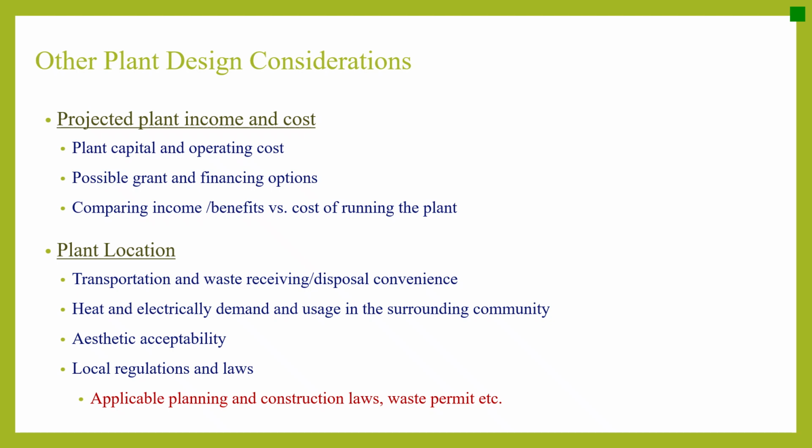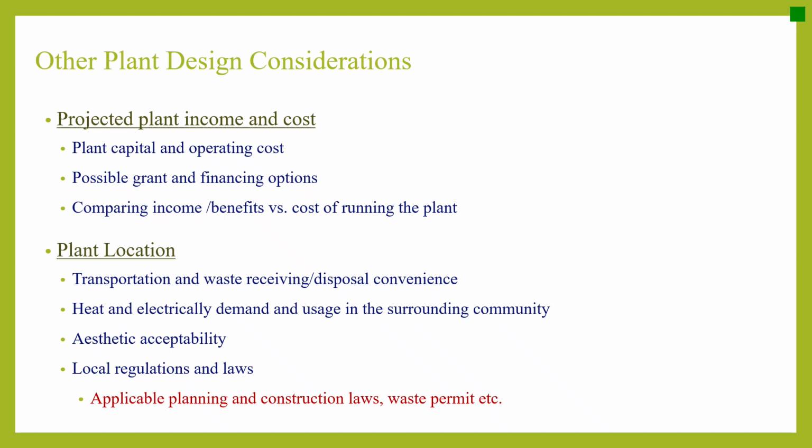Plant location is also very important. It should be kept in mind that transportation and waste receiving and disposal should be convenient both from and to the plant. And also there should be heat and electricity demand and usage in the surrounding community so that the excess produced in the plant can be sold there. Also, the location should be aesthetically acceptable to the surrounding community.